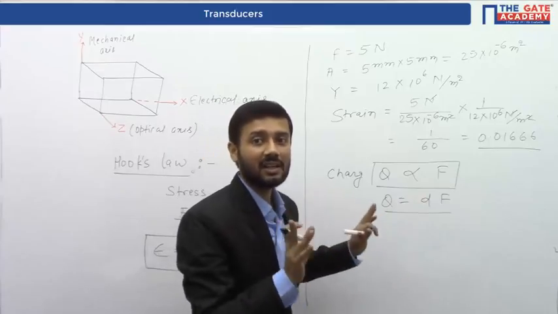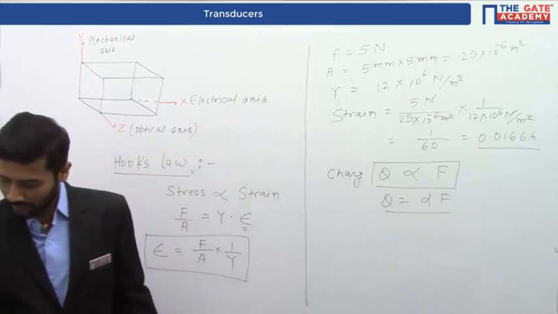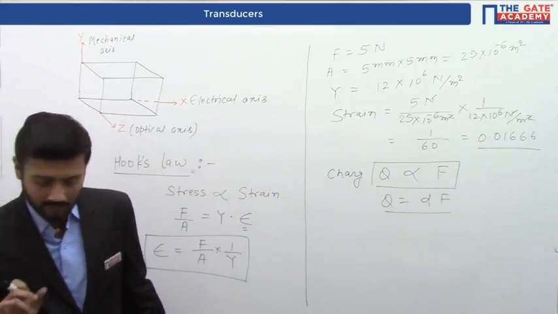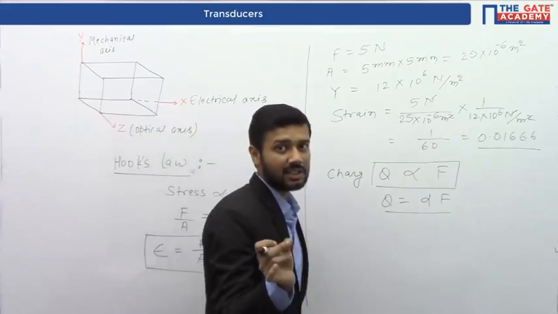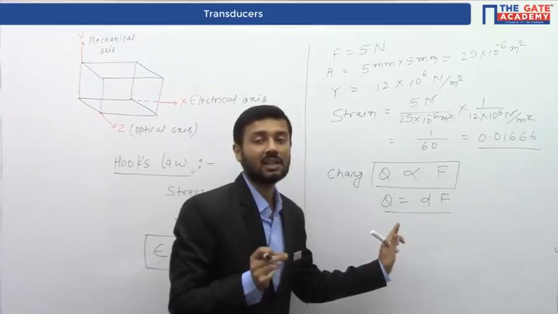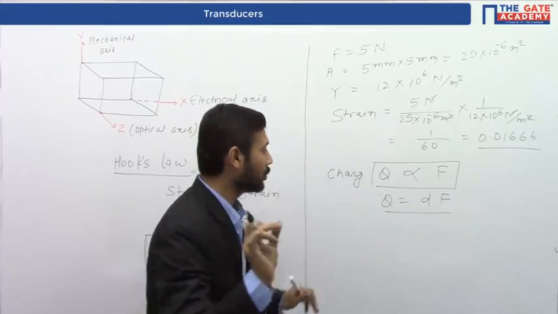It is already given in the question. This coefficient is also known as the charge sensitivity, and it is given as 150 picocoulomb per Newton.